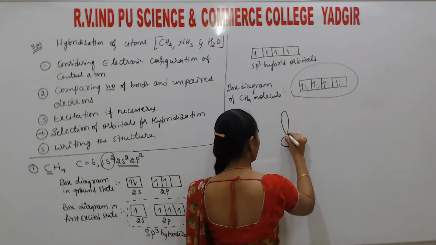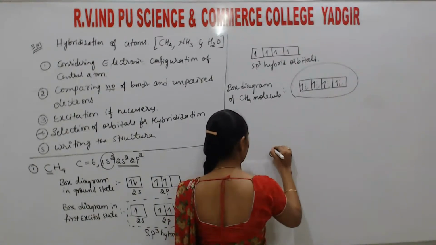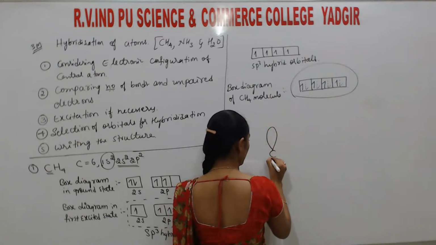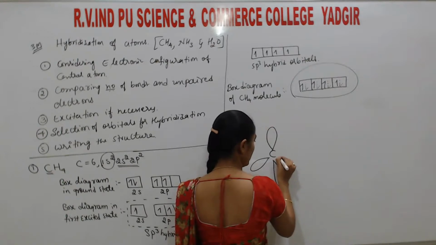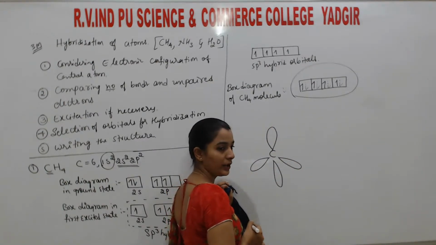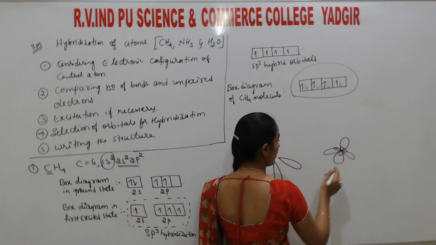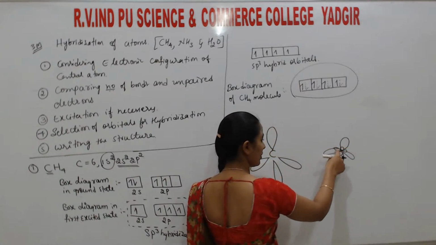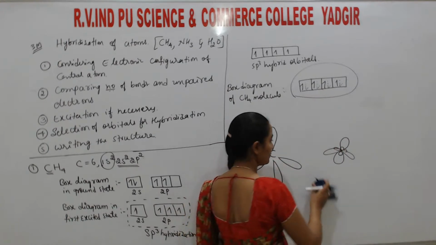This is one orbital, second, third, four sp3 hybrid orbitals. Of course, the structures are like this. But I am simply removing the small portions and I am writing carbonium.